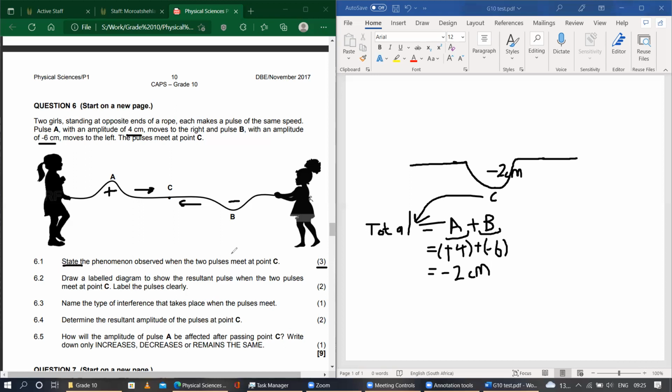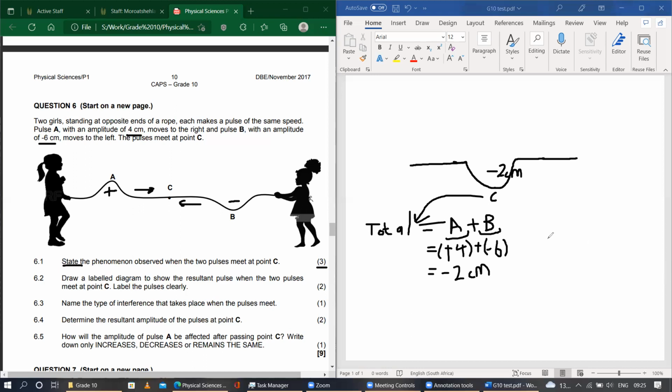Now you know what? It has to be the one they want, because mostly in physics and chemistry, the statement you define above, you're mostly gonna use it in the next question. So if you look at it, you said when two waves overlap, the resultant pulse is gonna be the sum of the amplitudes.